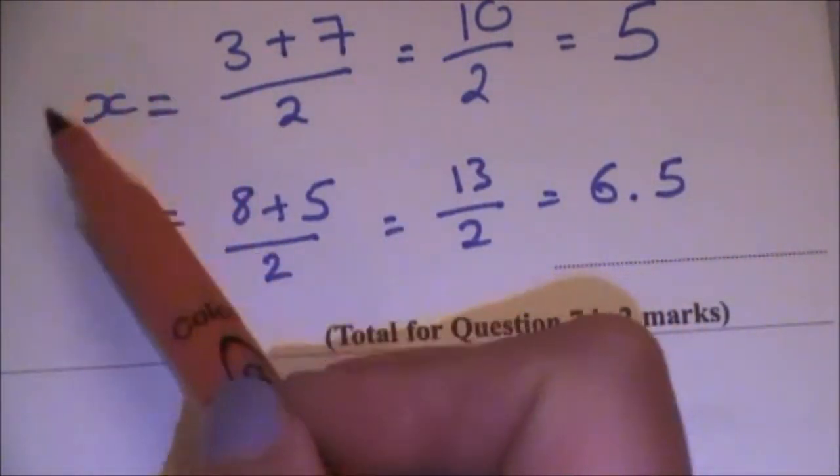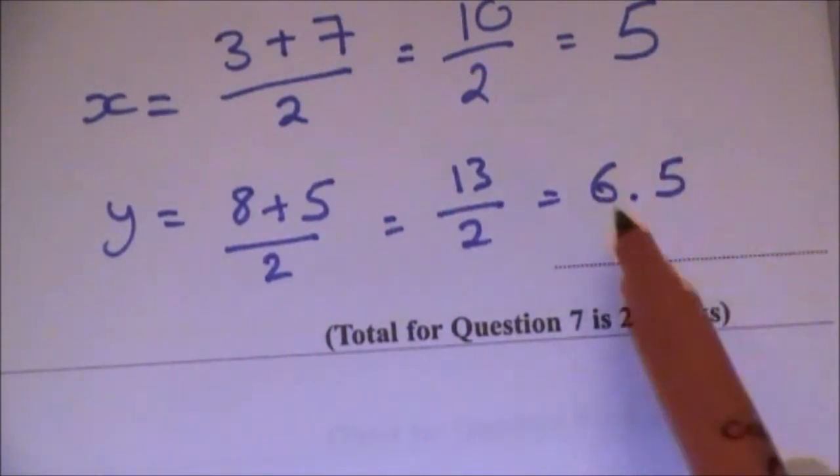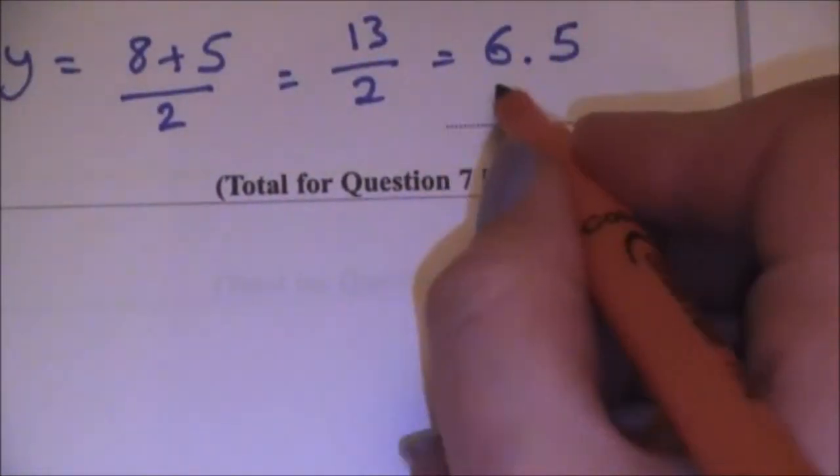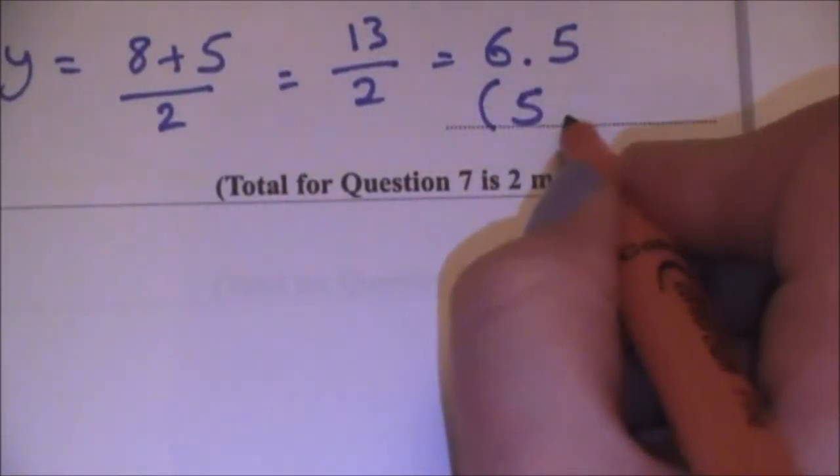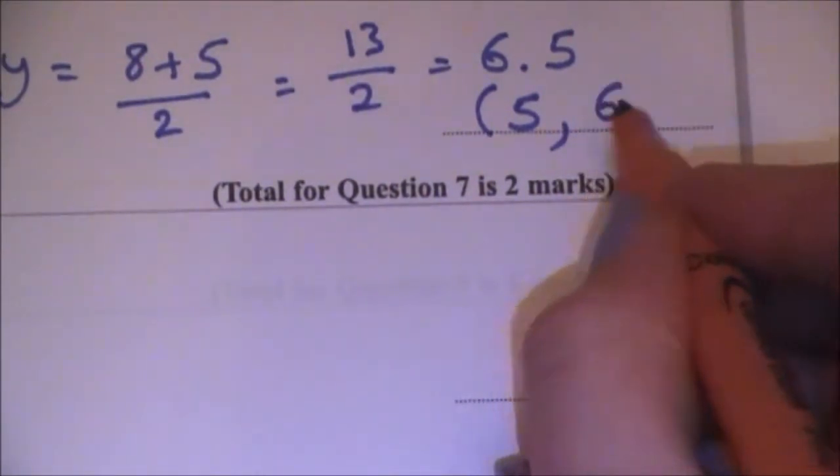So what I found is a value for x and a value for y. So my coordinate is actually 5, comma 6.5.